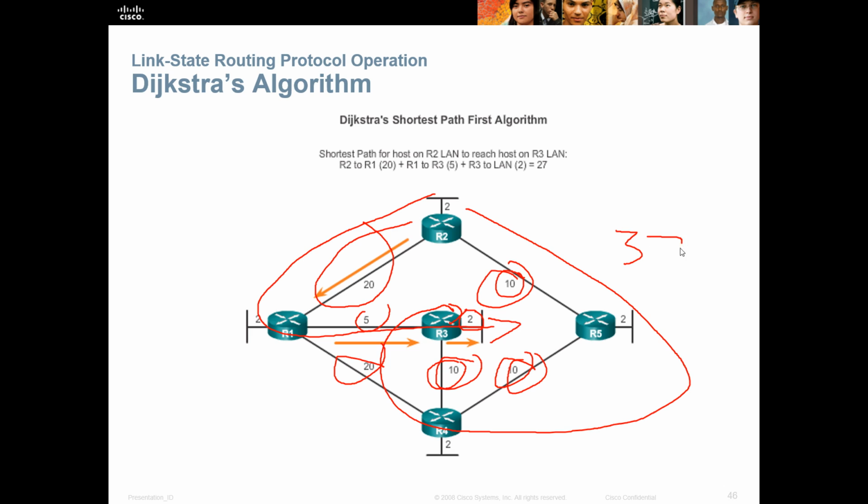So this way is 37, and this way is 27. 20, 5, and 2. So that's one of the nice things about open shortest path or link state: it does know the entire network, so it knows the appropriate paths to send.